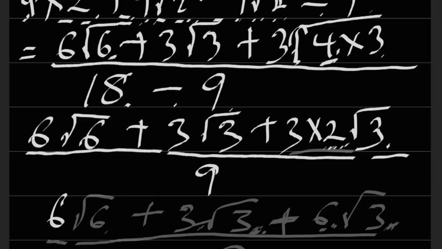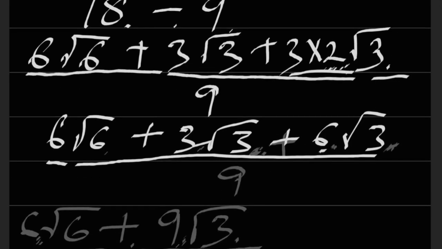Here's our 6 root 6 plus 3 root 3 plus 6 root 3, because 3 times 2 is 6. Everything all over 9.